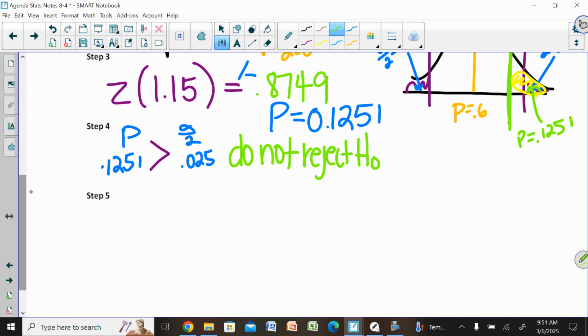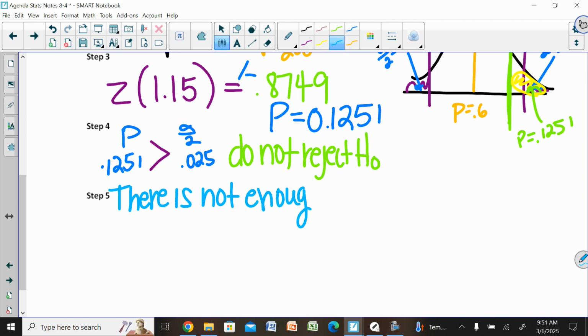So, since my claim was H sub 0 this time, and I didn't reject it, the best that I can say is that there is not enough evidence to reject the claim. Right? That makes sense. I didn't reject H sub 0 and my claim was H sub 0.